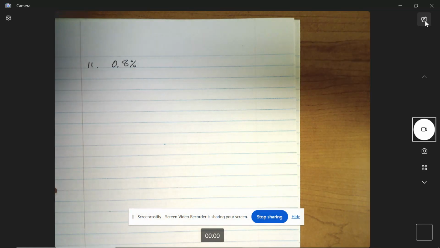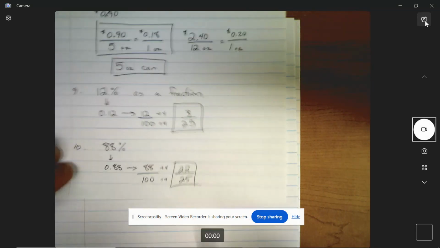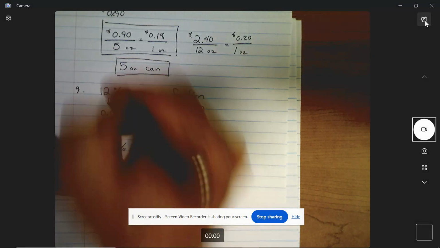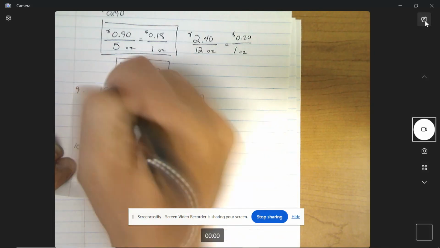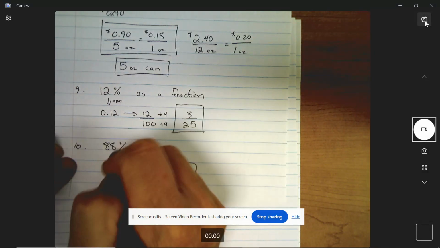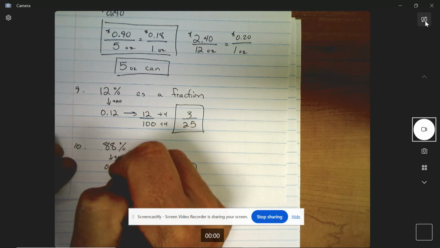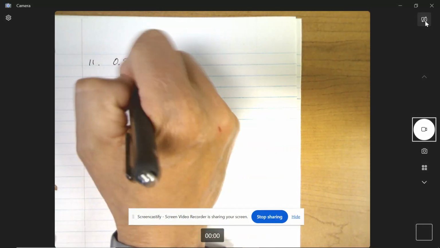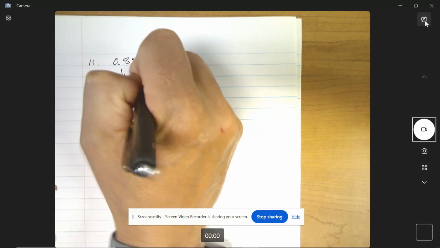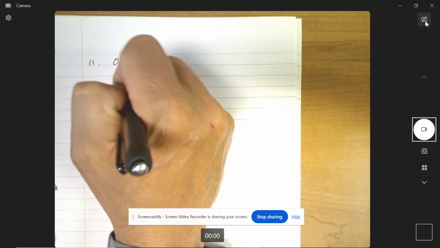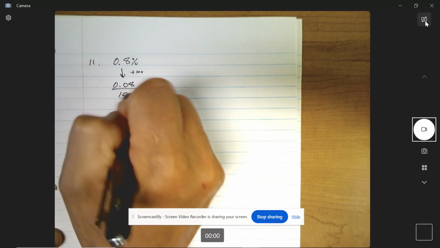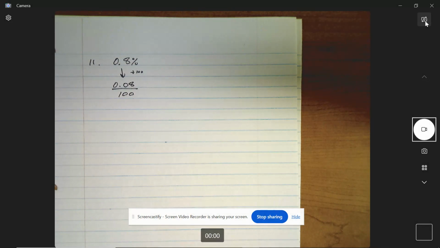I didn't really mention that, but if you look at these last two, I took 12 and divided it by 100 to get 0.12, and I took 88 and divided that by 100. So divided by 100, 0.08. Oh my goodness. That's a teeny tiny number. So cute.